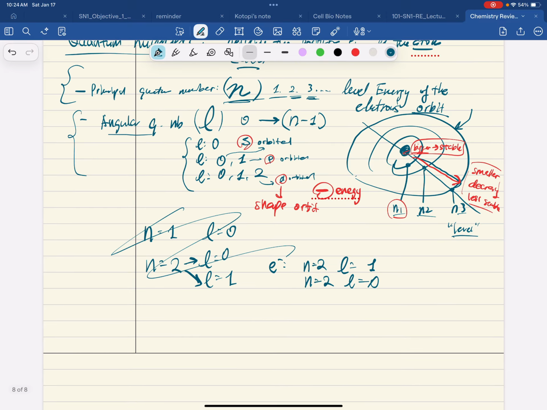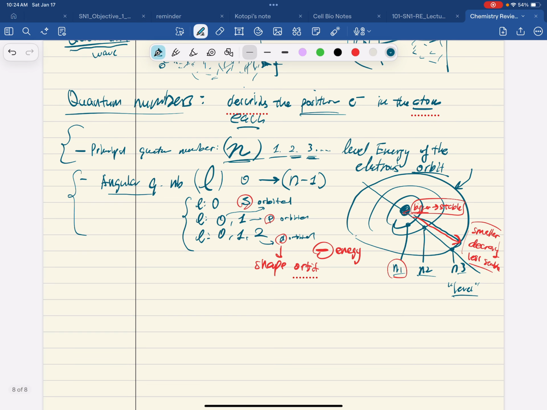So all this is to explain that we could actually draw the atom like this. This is the nucleus that has protons and neutrons in it. And the first layer is always an s, which is L equal to 0, and of course n equals 1 because it's the first level.